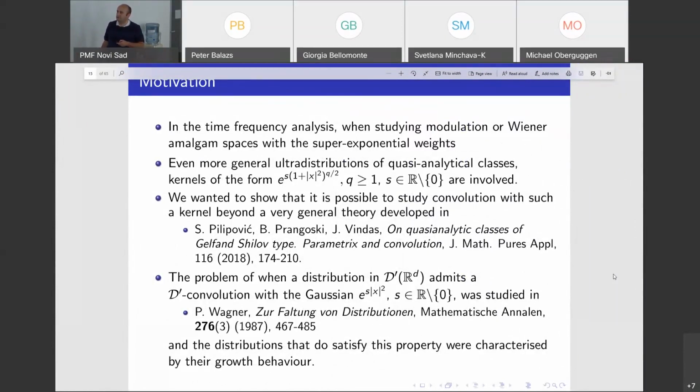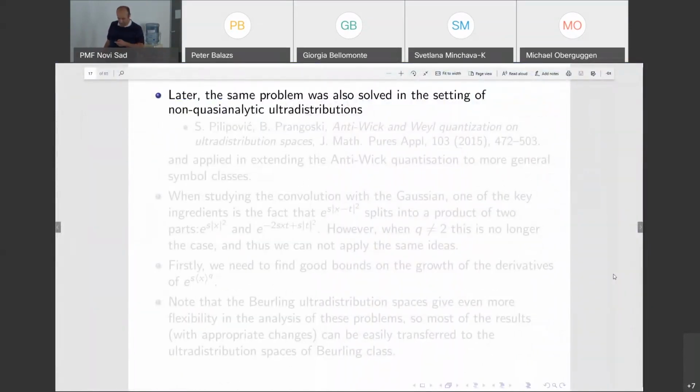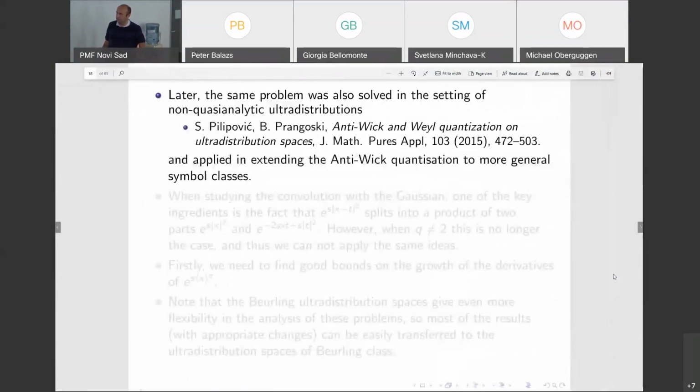For the ultradistribution counterpart, it is solved by Professor Vučković and Professor Prangoski, because they examined variable and anti-Wick calculus, especially the connection between variable and anti-Wick calculus, which is via convolution with the Gaussian.